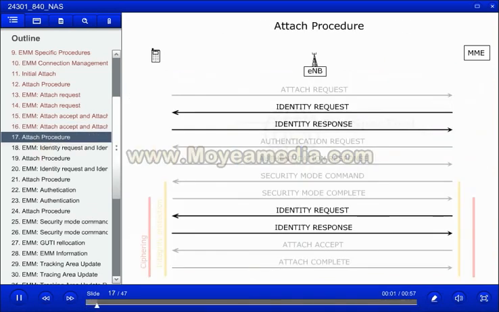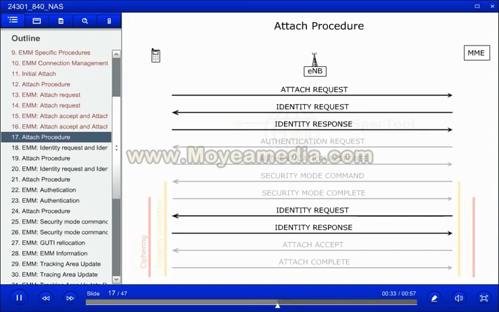This procedure is used by the network to request a UE to provide specific identification parameters. It is an EMM common procedure. The first time the network requests the UE to provide an identity is if the UE in the previous attach request message included a GUTI, which is not valid in the MME.